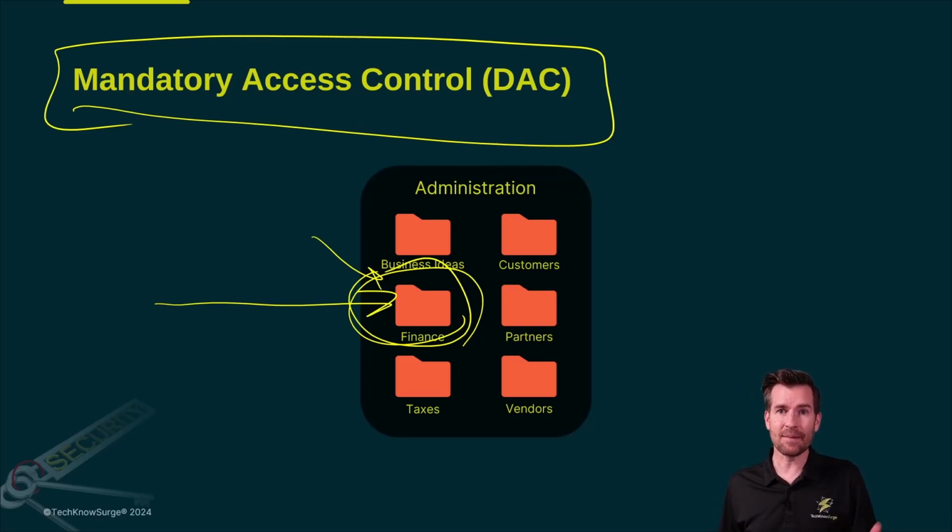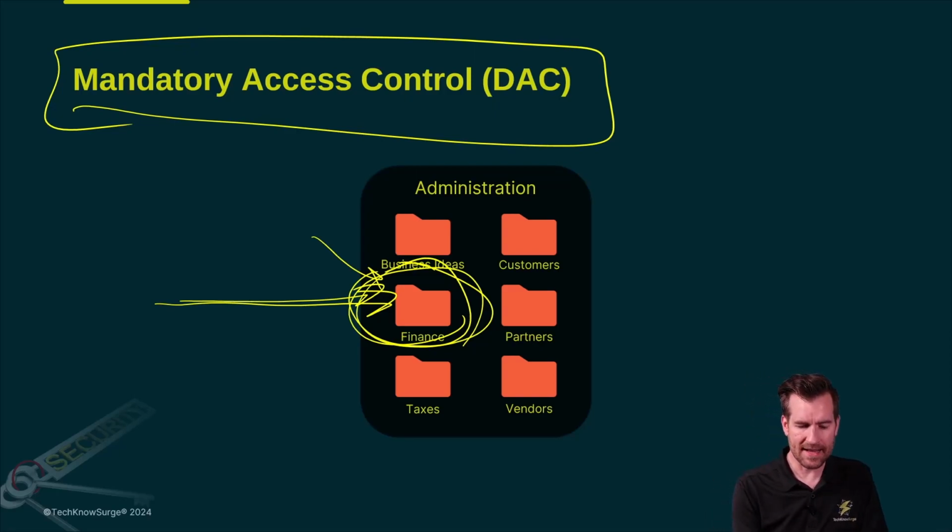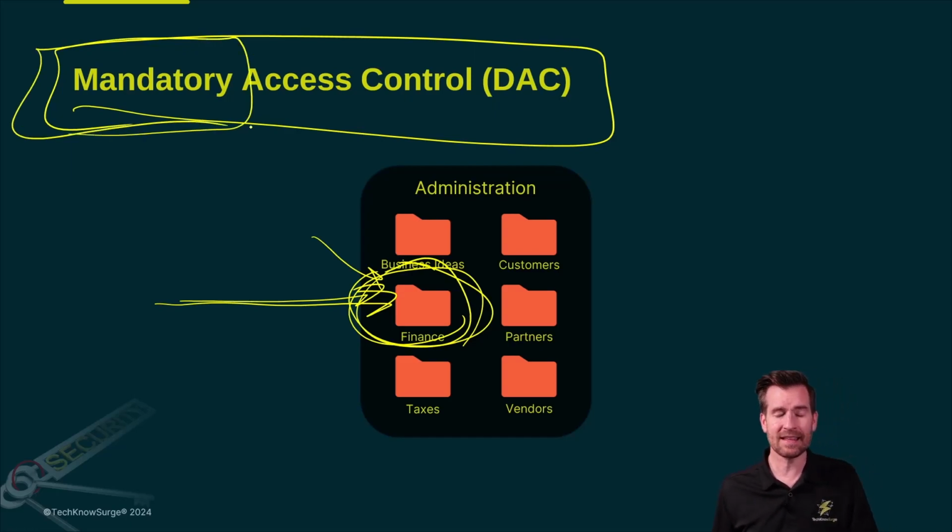So now if somebody wants to gain access to this, they need to go and get permission from somebody like IT, or maybe it's the lead of the finance team. There's somebody specific who's in charge of this resource, and they have to get permission from that person. So that's mandatory, and it's mandatory that they get permission, and it's not discretionary, that they have to go through somebody else to be able to get access to this folder.